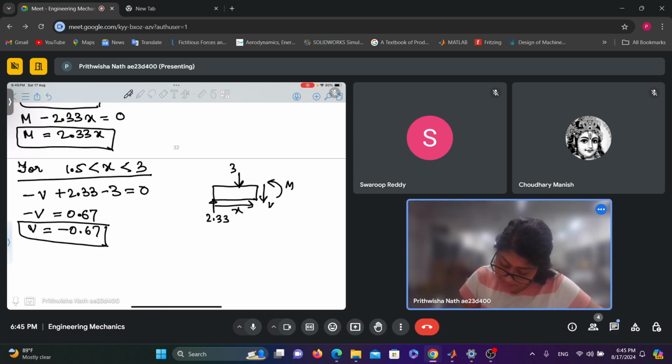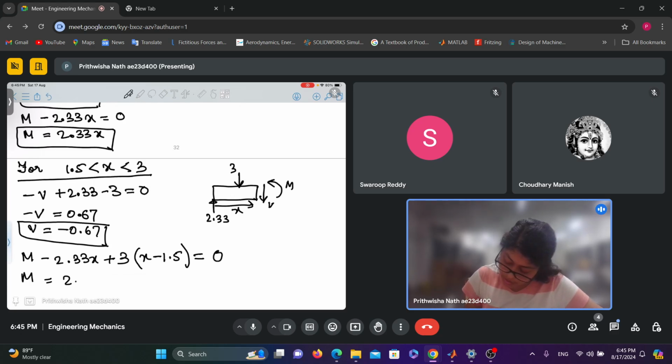Now for moment, minus 2.33x, 3 is causing an anti-clockwise moment, so x minus 1.5 equals to 0, so M equals to 2.33x minus 3 into x minus 1.5.